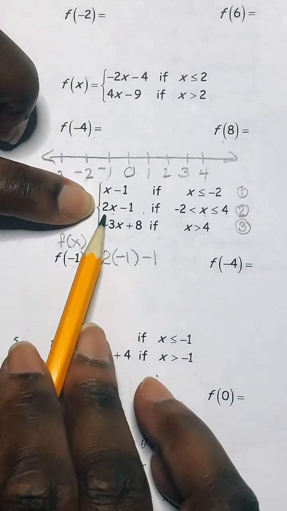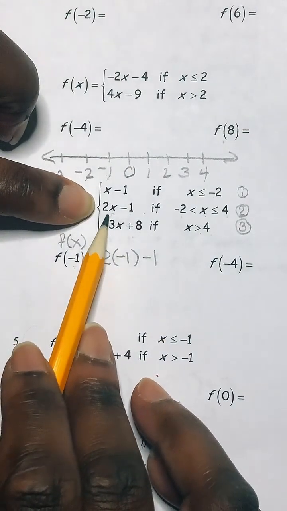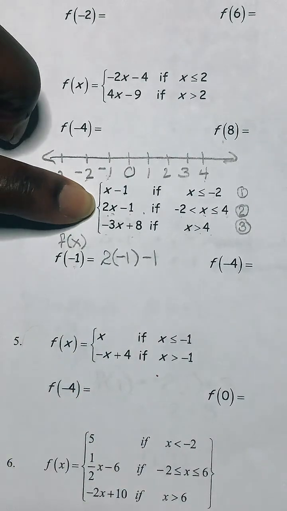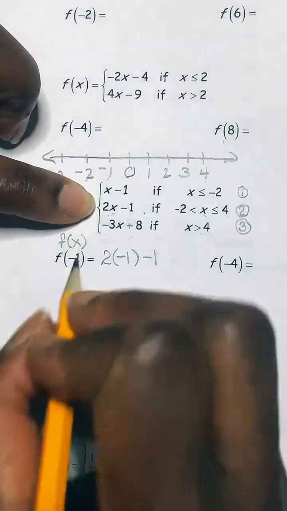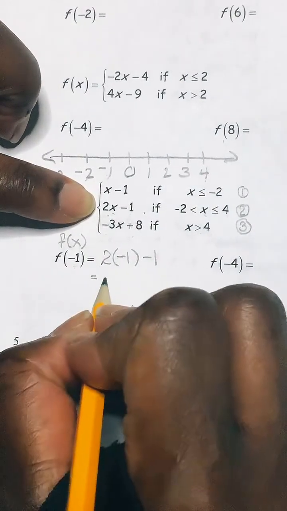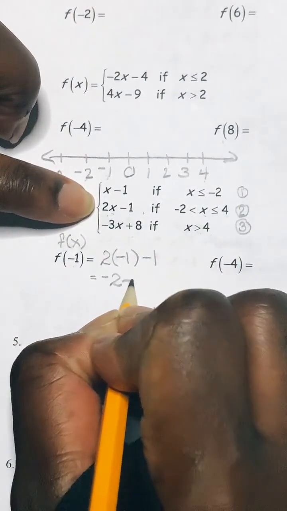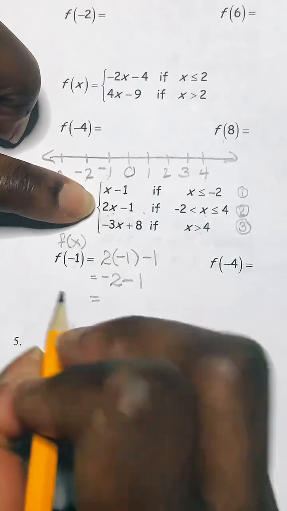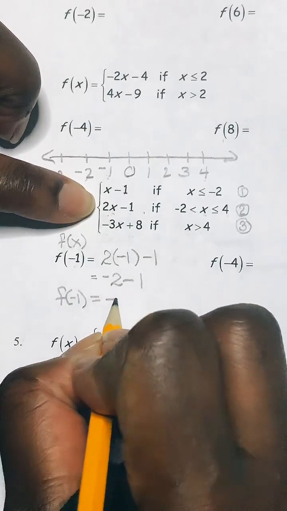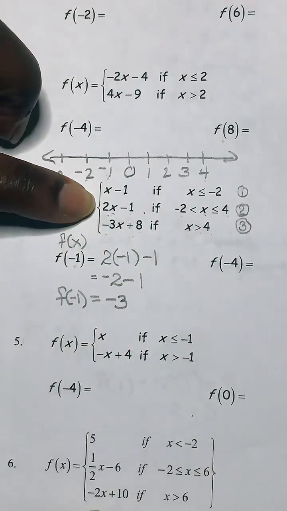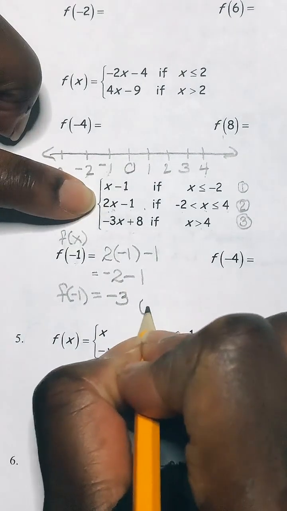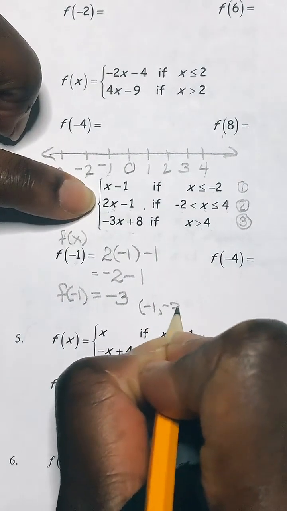When I use my x value, I want to find my y value. So 2 times negative 1 gives me negative 2 minus 1, and that means f of negative 1 is going to be negative 3. So the ordered pair is negative 1, negative 3.